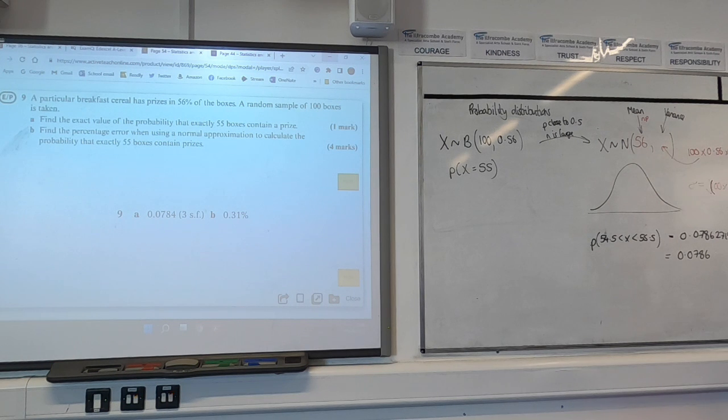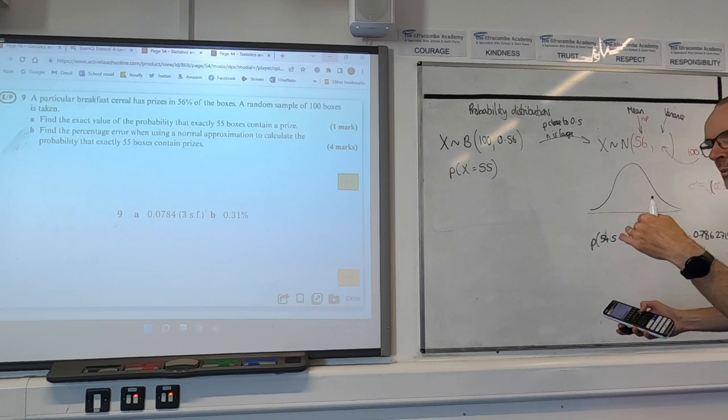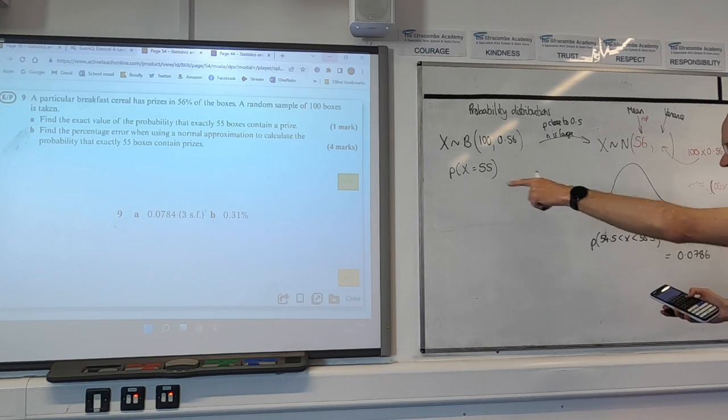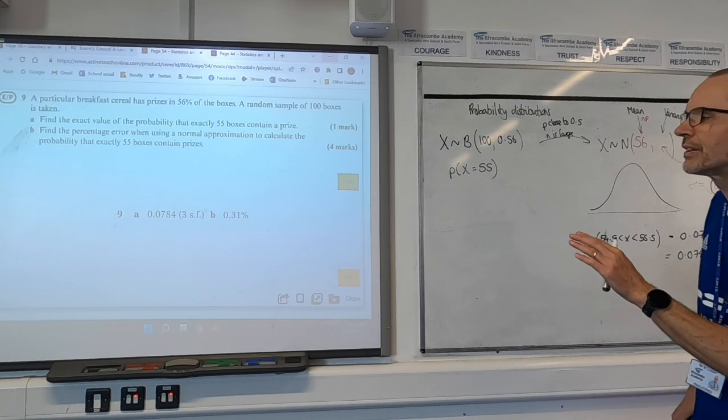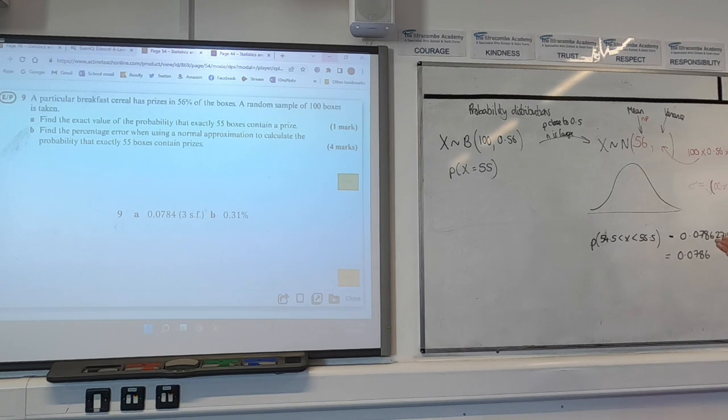And these are often percentage error questions, so I'm going to do the if after divided by before, so my before is my actual answer, so that's the binomial. So I'm going to do this, and I'm going to use the rounded values because that's all I've got. I'm hoping it'll be accurate enough. Not accurate enough, right? So I should have saved my more accurate answer.